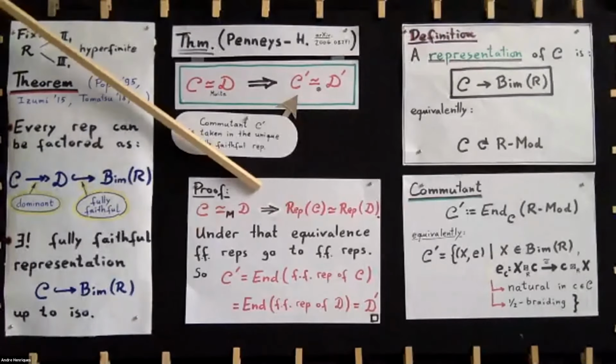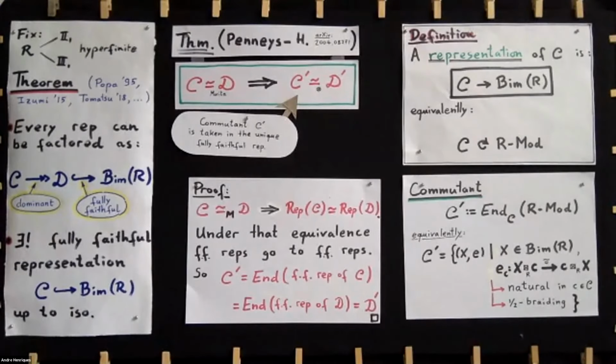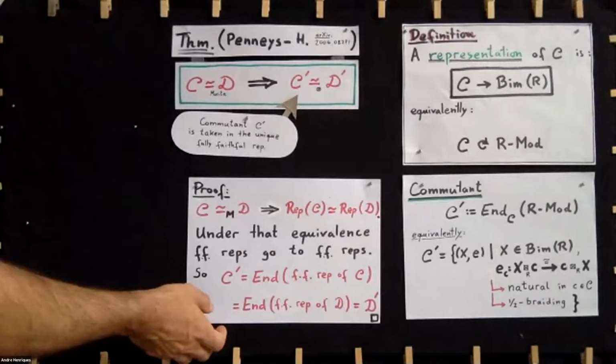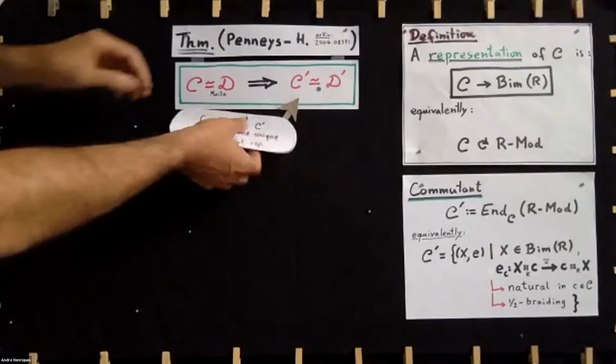Does this give another way to see this implication, the Morita equivalence? Because if this is the case, then whatever you get for C prime, you have to get back to C when you take the commutant again. Yeah, that's right. That's what I said. So indeed, the commutant of C prime is again C.